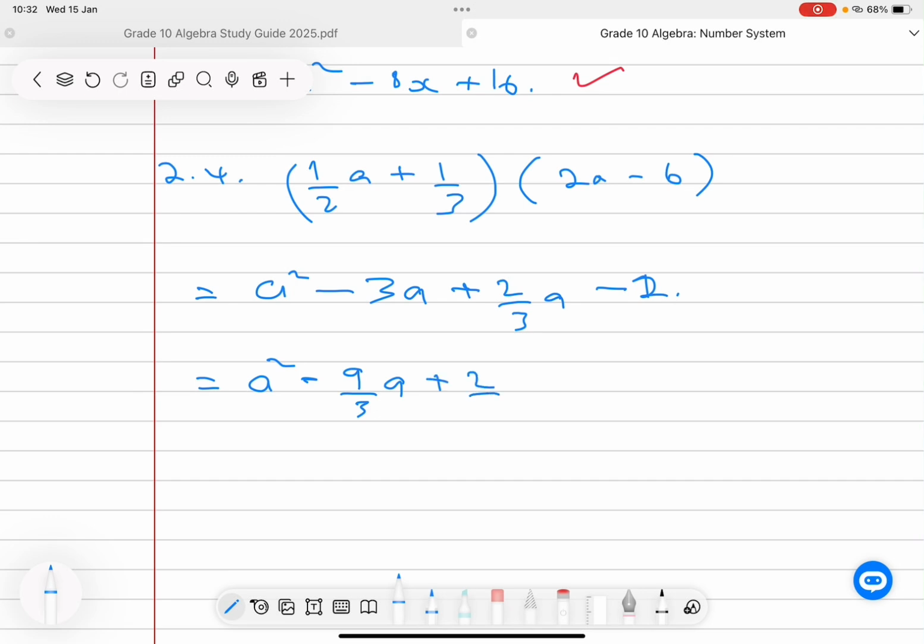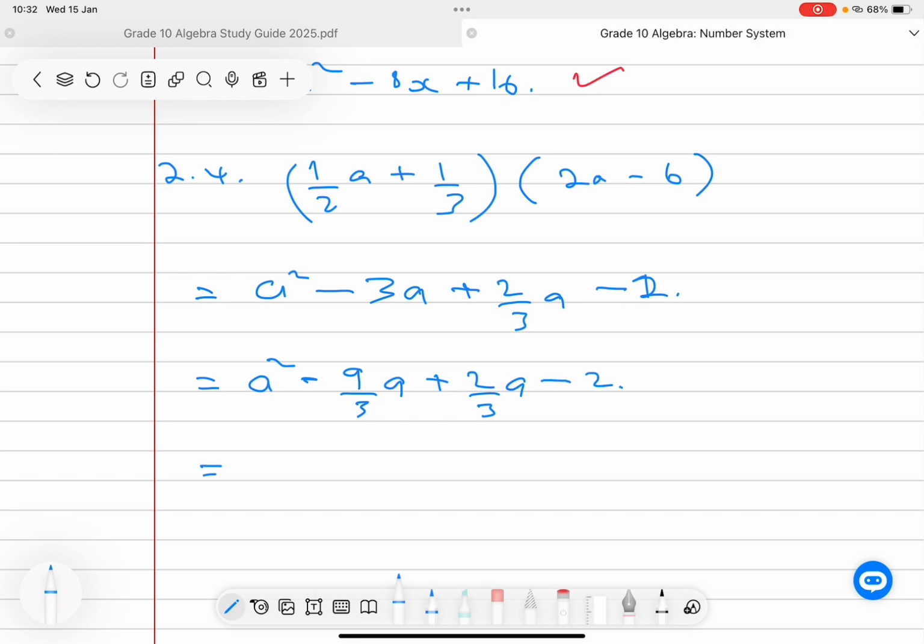And this one I'm going to leave as it is. Remember, multiplying by 3 over 3 is the same as multiplying by 1, because 3 and 3 cancel and give you 1. So I really didn't change anything here. I'm doing that because I want to get the LCM. Then here we're going to have a negative 2.